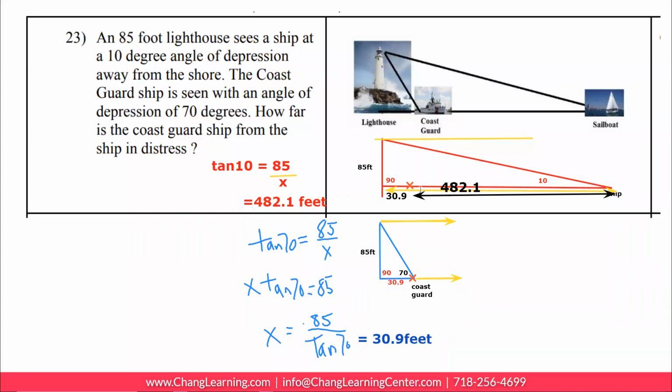And we get 451 feet, rounded to the nearest foot. So the answer is 482 minus 31 equals 451 feet. And that's the distance between the Coast Guard ship and the ship in distress.